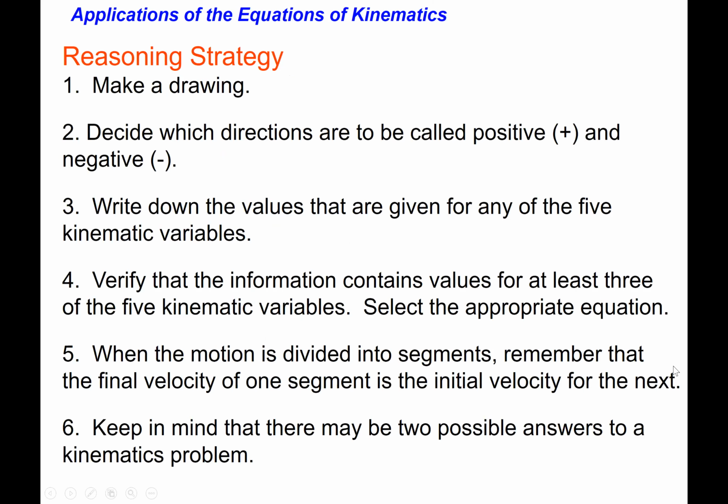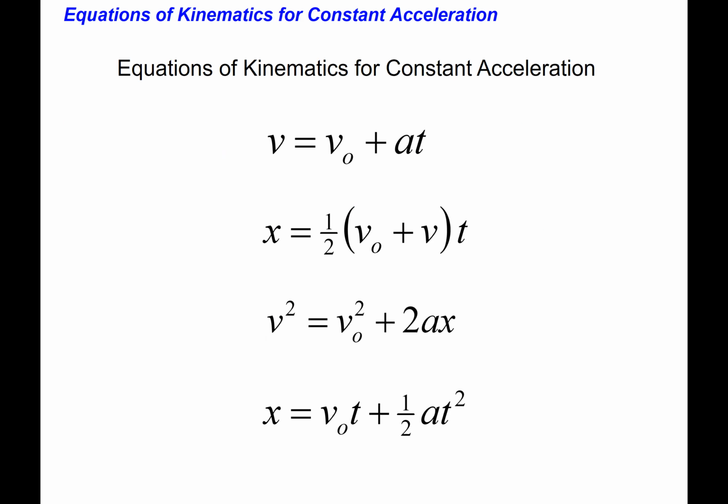Now here the author only has 4, but actually there's a 5th one, especially for those of you who will be going into med school. You would need to know that there's also an equation where, if we know the final velocity, displacement equals v sub f times time minus 1/2 a t squared.